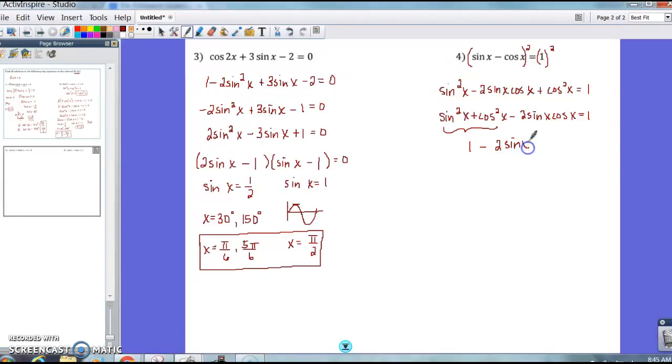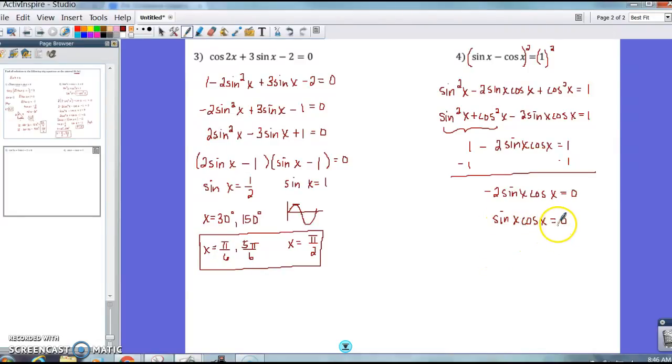So 1 minus 2 sine x cosine x is equal to 1. If I subtract the 1 from both sides, we end up with -2 sine x cosine x is equal to 0, which is the same as saying sine x cosine x is equal to 0, right?